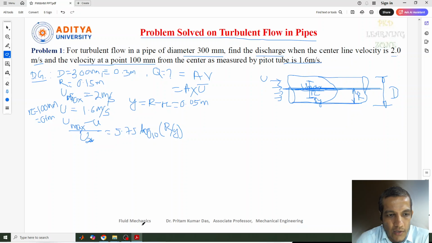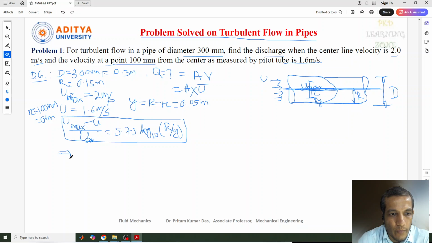This is the equation we got previously. Here u max is there, u is there, u star is not known, and R and y are there. So we'll put in all the values we have and find the value of u star.